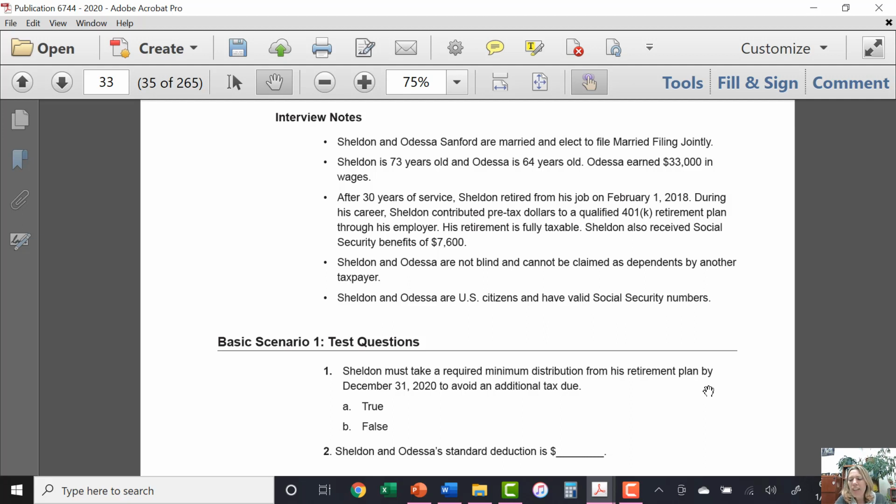They call it the Coronavirus Relief Act or the CARES Act. So in 2020, they do not have to take a required minimum distribution. In other years, once they reach a certain age, either 70 and a half or 72, they have to take a required minimum distribution from their retirement plans. It's just a rule of the retirement plan. But in 2020 they don't. It's suspended for 2020, so that question is false here.